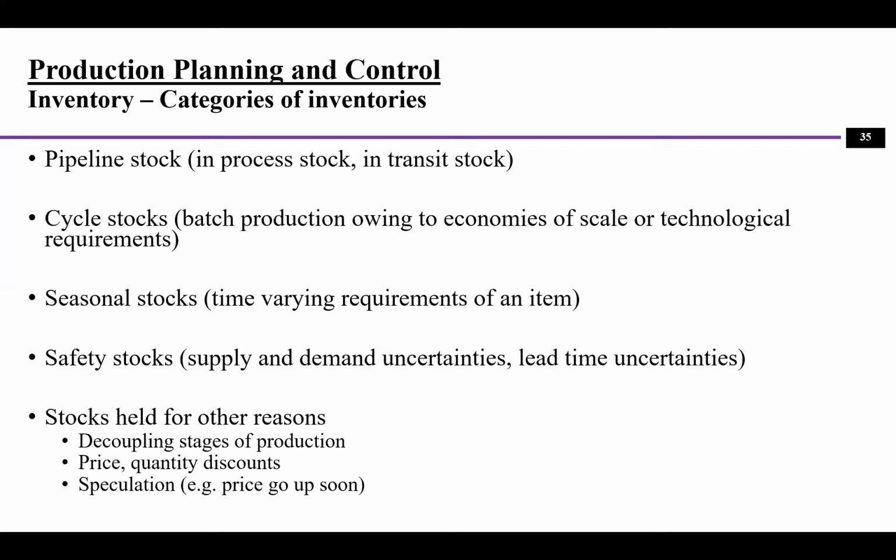And there are different categories of inventories: pipeline stock. Those are in-process, in-transit stock. For example, some semi-made products, semi-made parts. It can be pipeline stock, or it can be cycle stock. Those are like batch production, right? You have to wait until you become a batch to move forward.